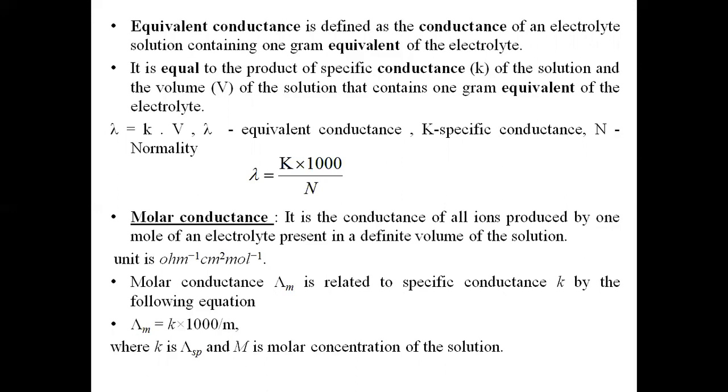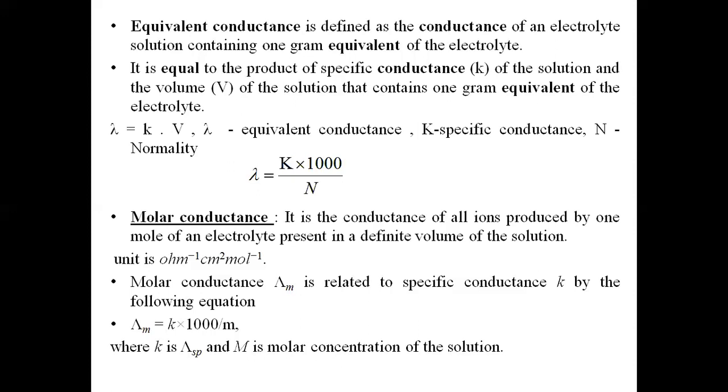That is, equivalent conductance is the specific conductance of the solution times the volume of the solution containing 1 gram equivalent of the electrolyte. The conductance of such a solution is known as equivalent conductance.